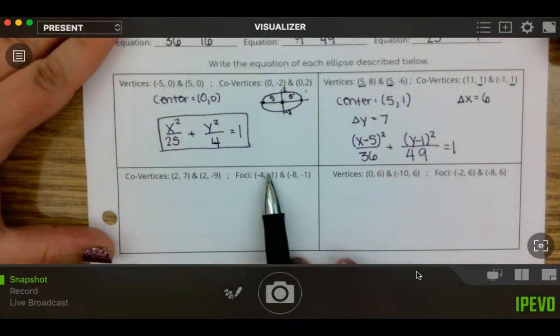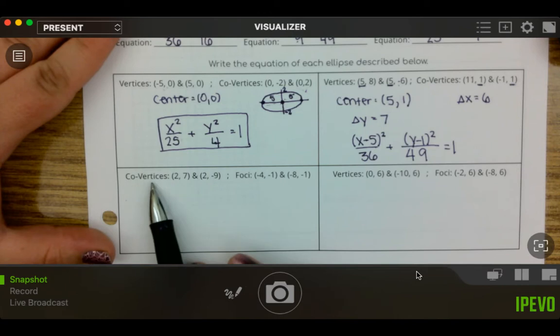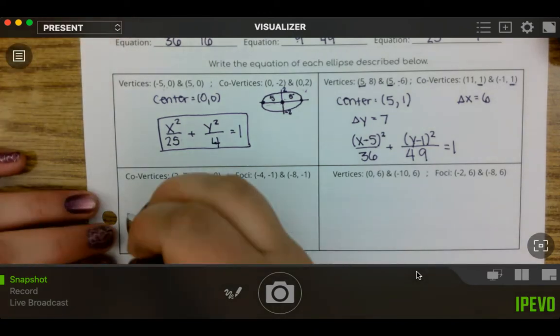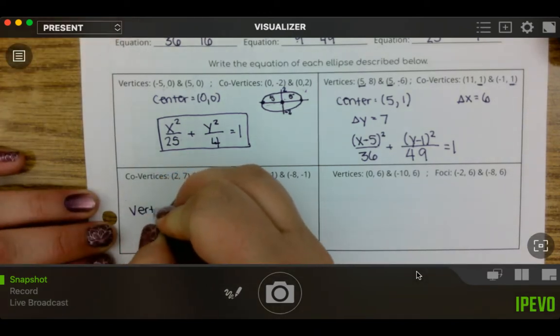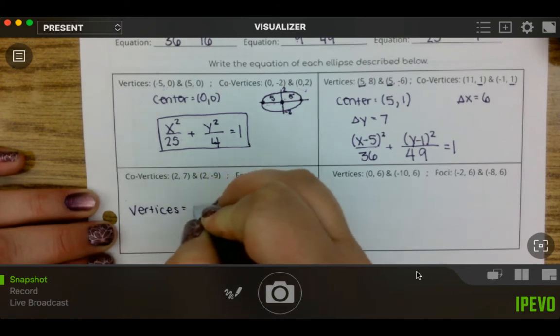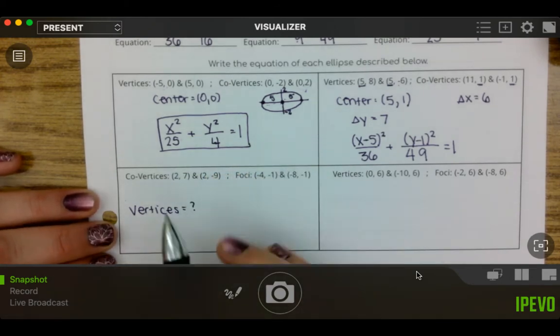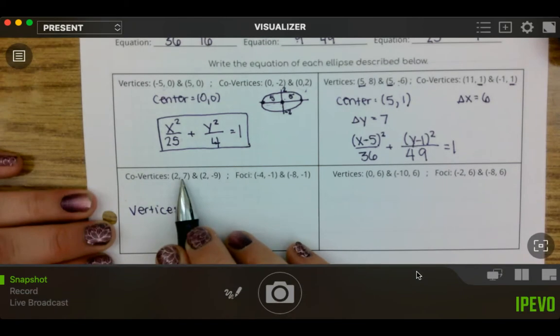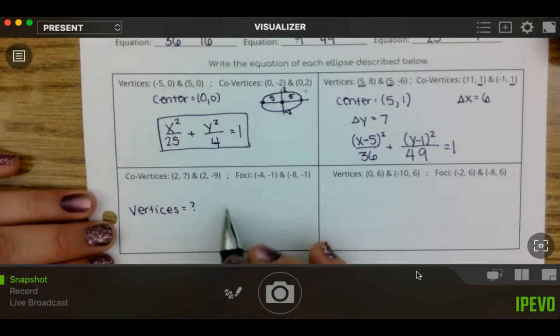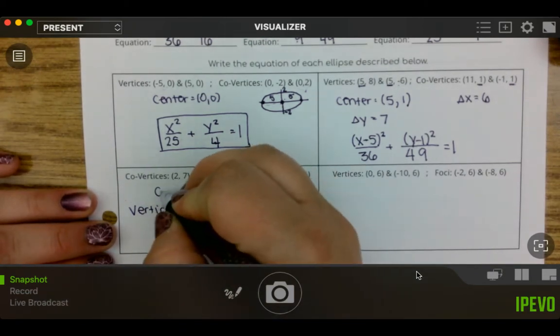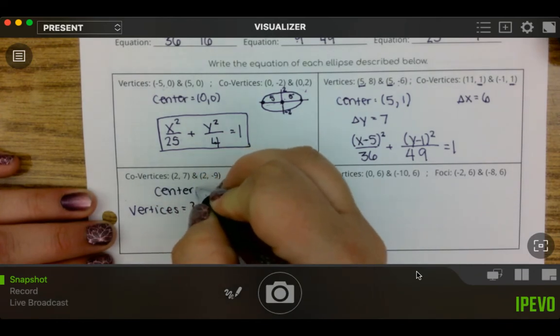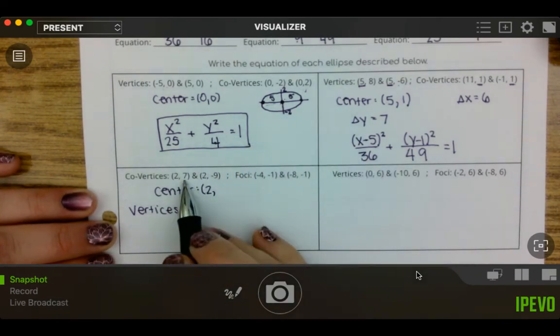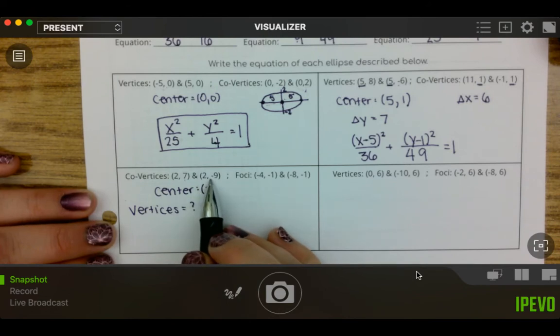Now, here's an example of vertices and foci, or co-vertices and foci. We need to find the vertices. Okay? First thing you should do is go ahead and find the center. So the center is going to be at 2, comma, halfway between 7 and -9.